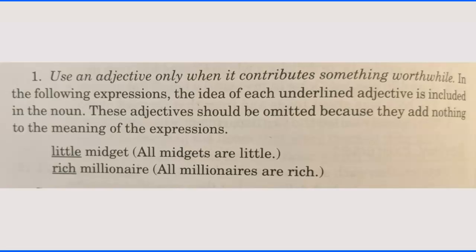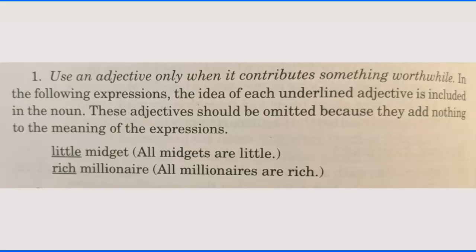Use an adjective only when it contributes something worthwhile. And I've already spoken about this one. If you were to say something like a little midget or a tall giant, a loud storm, some of those are not necessarily needed.